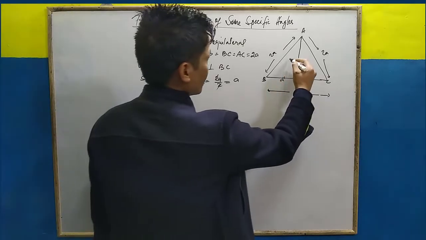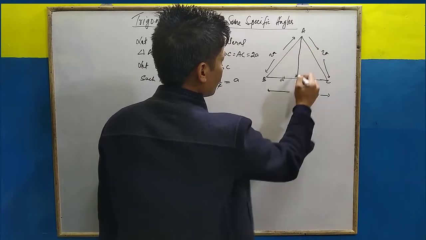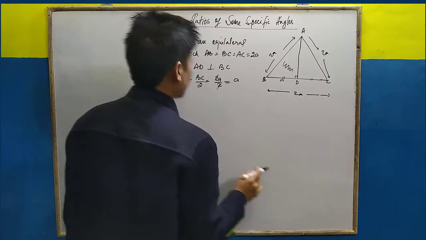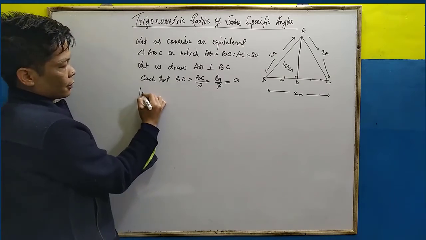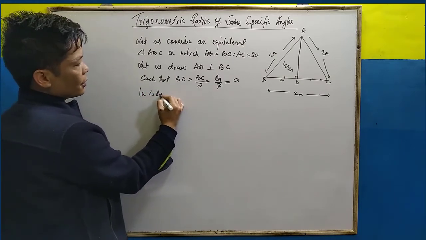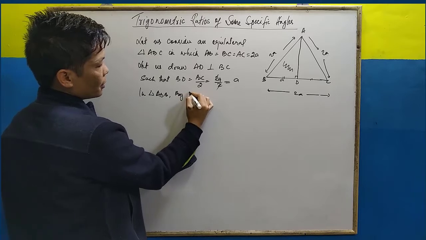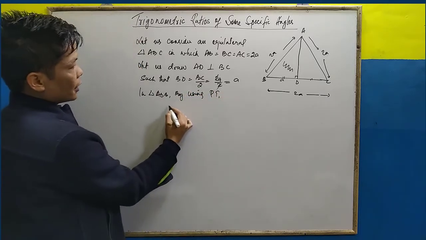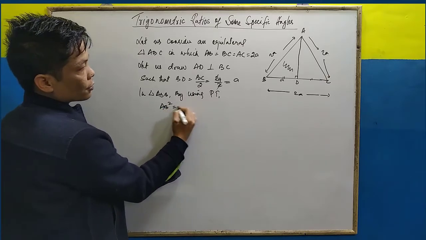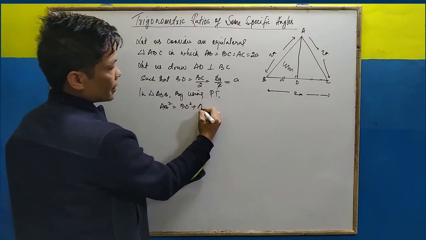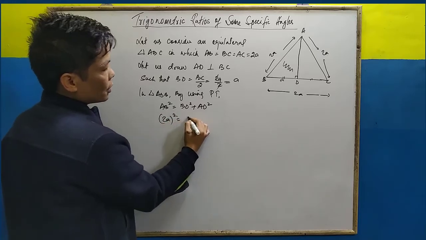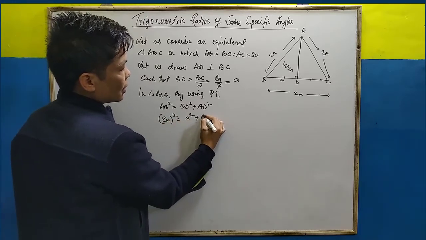Now from this triangle ADB, I can find out the value of AD by using Pythagoras theorem. In triangle ADB, we have AB square is equal to BD square plus AD square. This is (2a) square equals a square plus AD square.